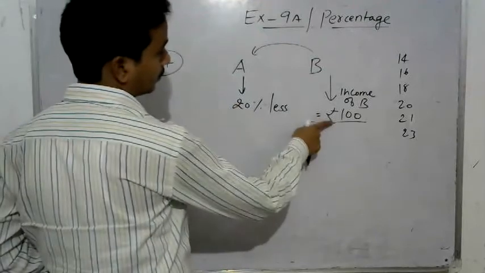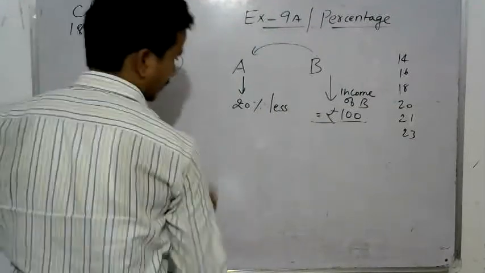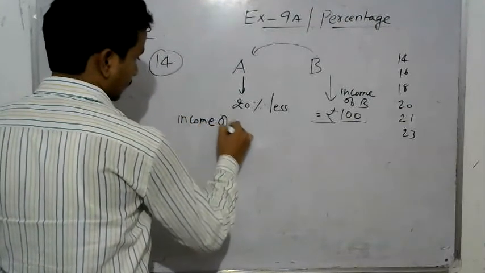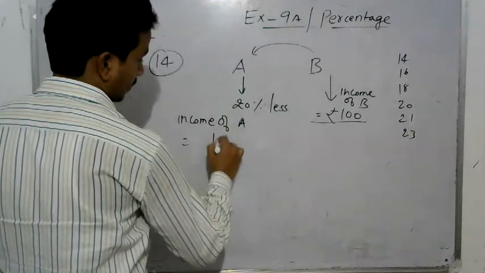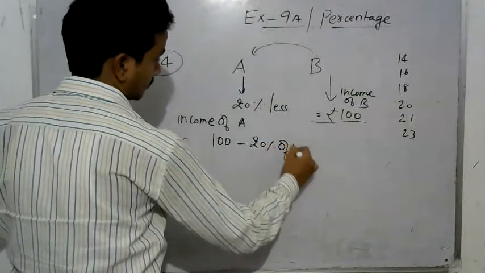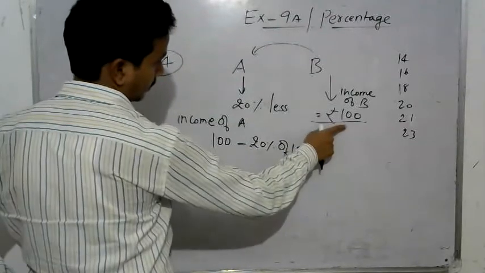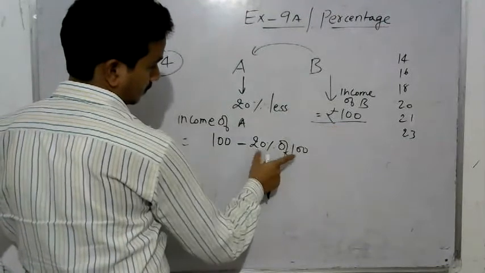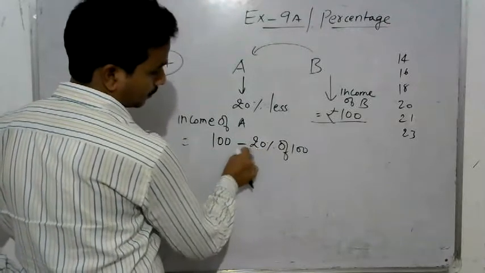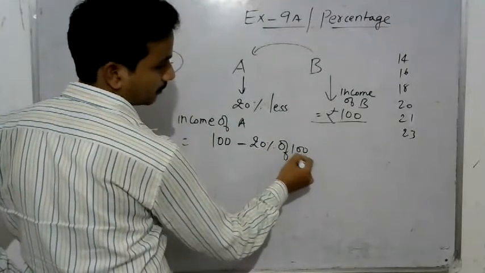Income of A will be 20% less than B. So we can write, income of A will be equal to 100 minus 20% of 100. 20% less means we have to subtract 20% of B's income.